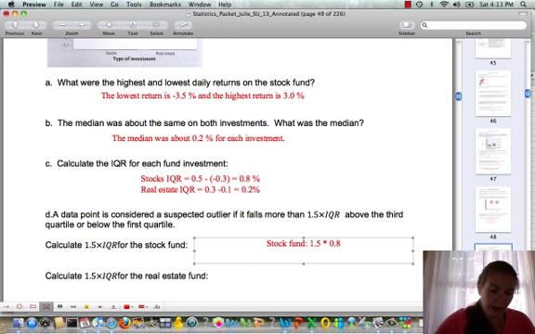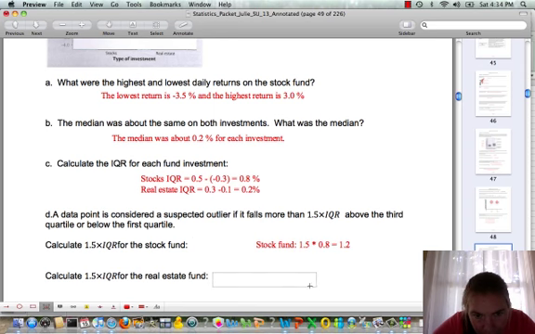So you might get out a calculator to do this. Then you should get 1.2 on your calculator. Now we'll do the same thing for the real estate fund.